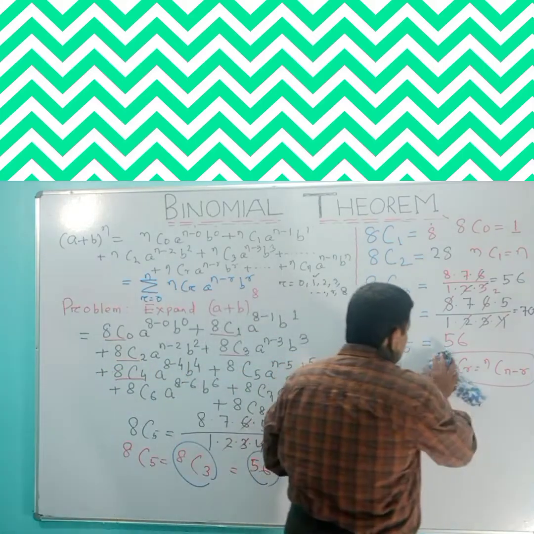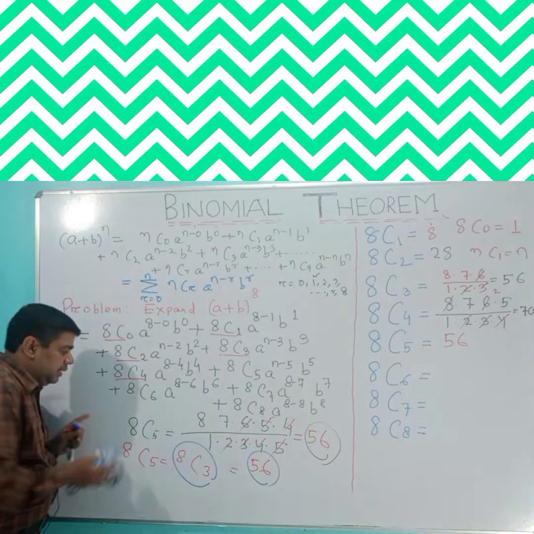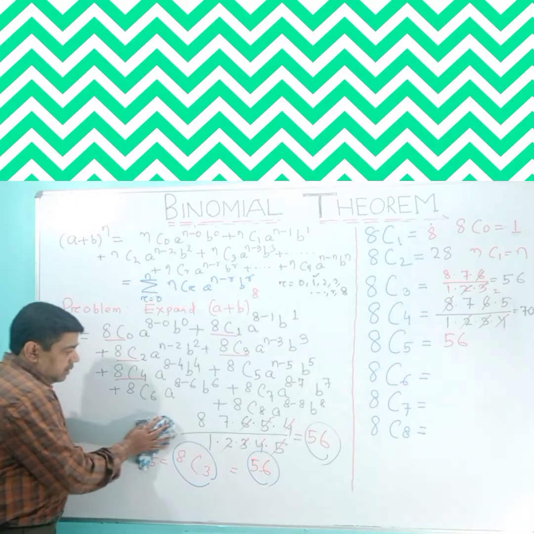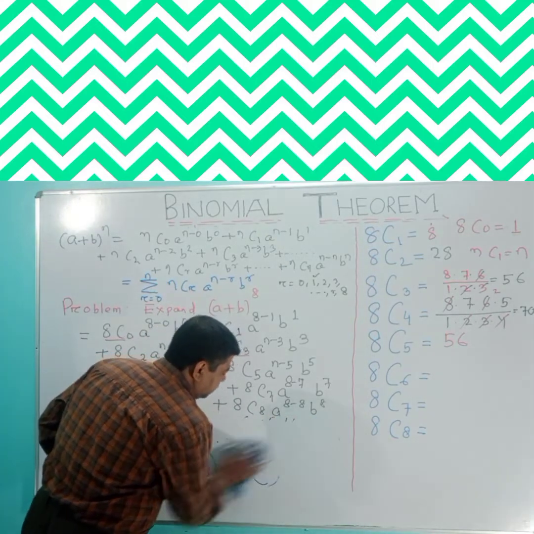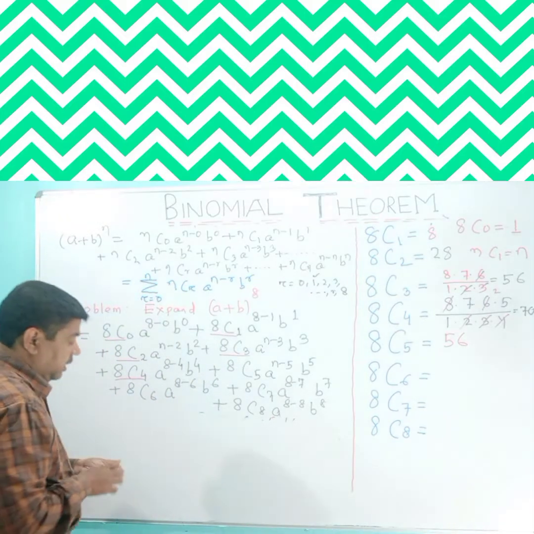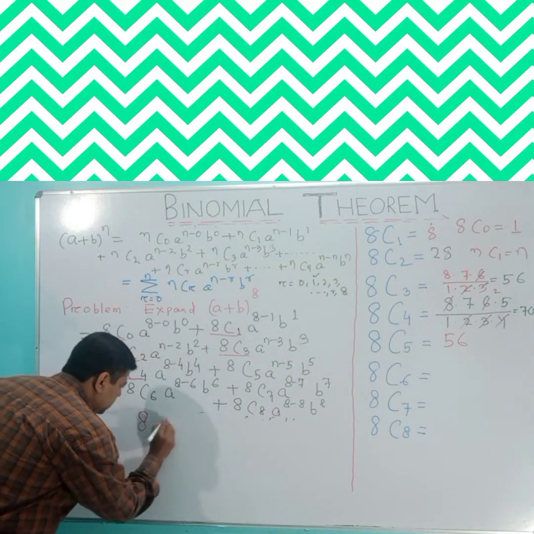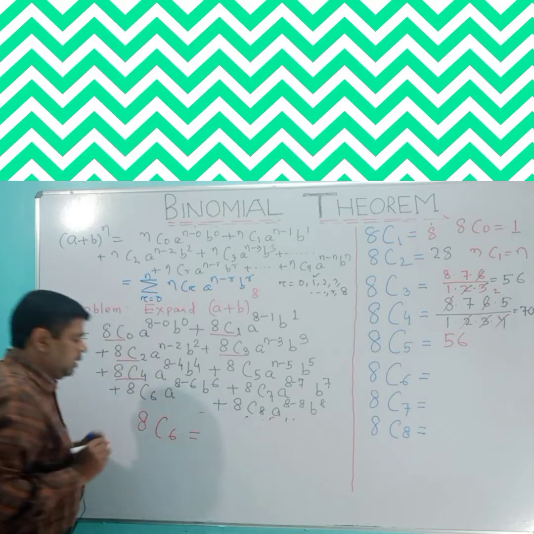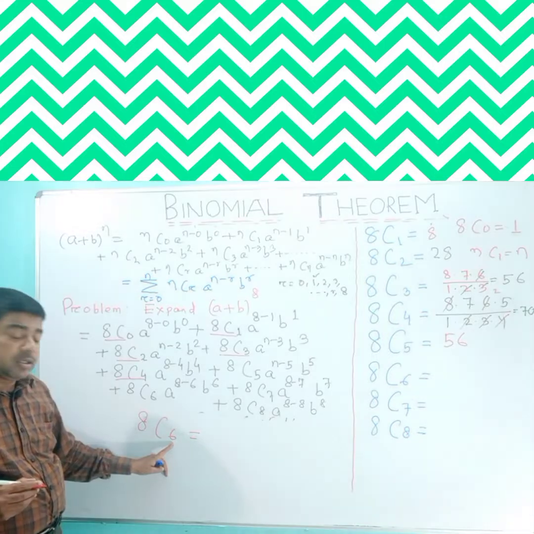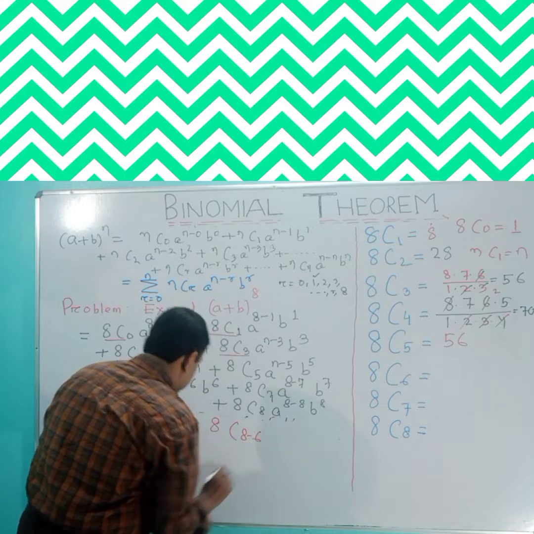Once again, see here. Similarly, 8C6. How can I write it? If this value is a bigger number, you can use this formula: 8C(8 minus 6).